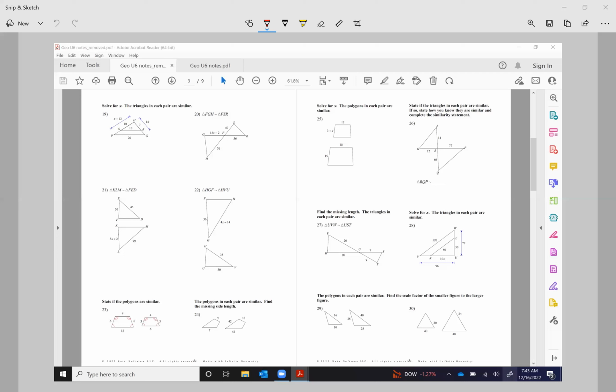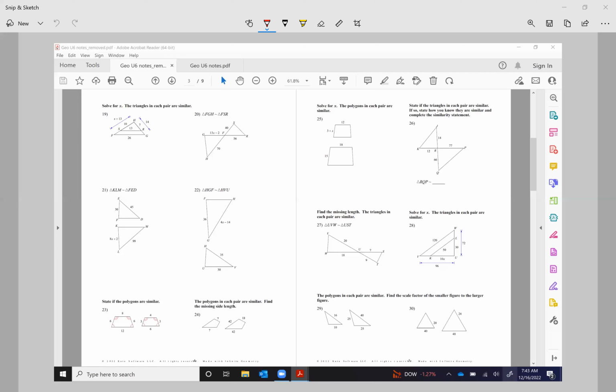Now, x goes with 24 or 40. Here I have x, and here I have 10. If you can tell which one's bigger, the small number goes with 24 and the big number goes with 40.